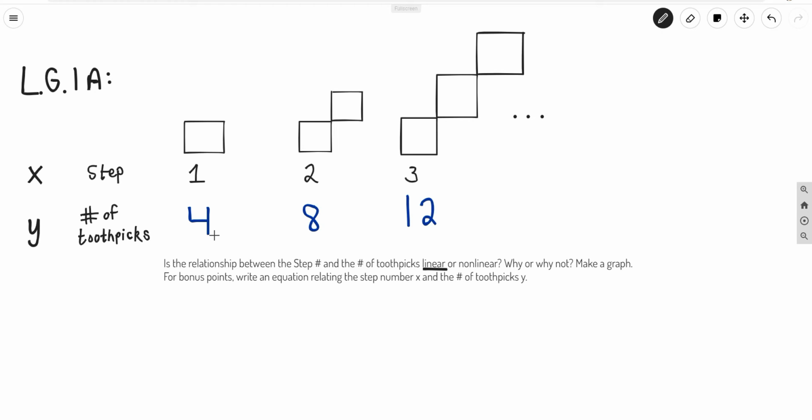because each time we proceed from one step to the next, the number of toothpicks increases by 4. So since it always increases by 4, yes, this is linear. So this relationship is linear.